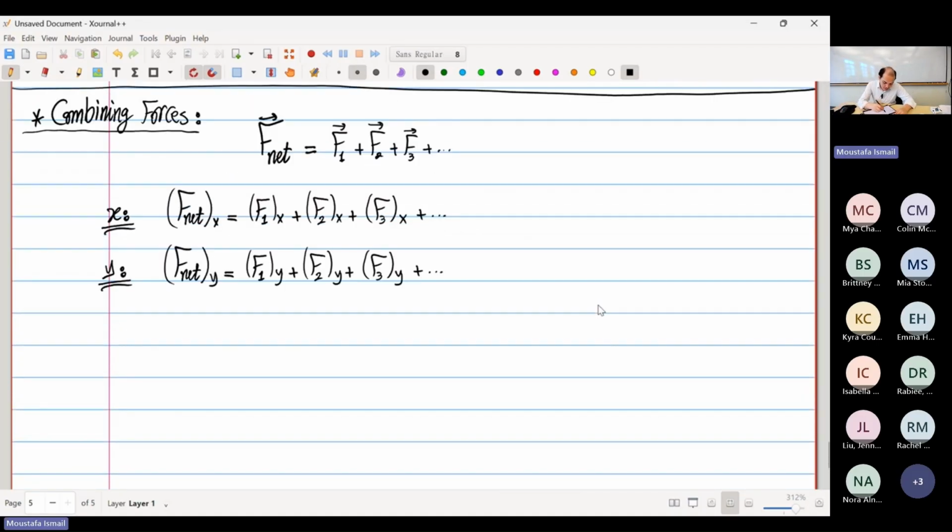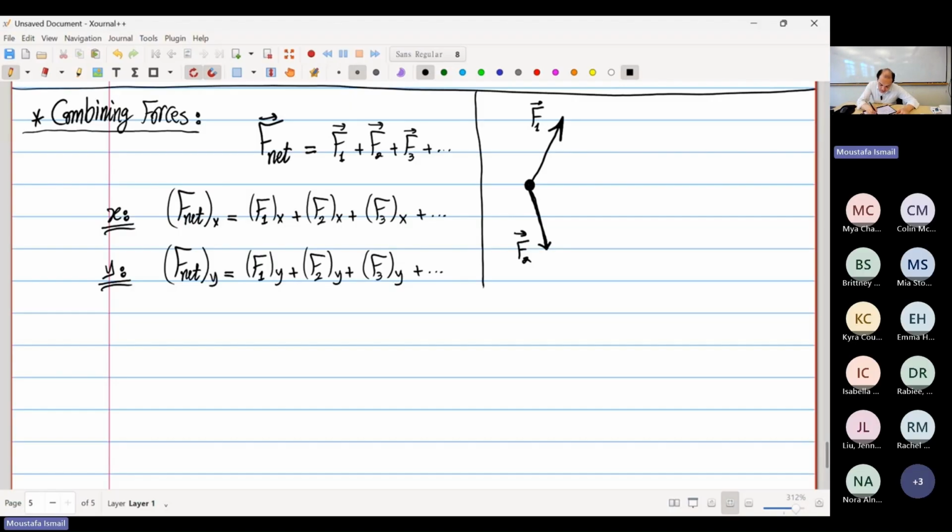This is the algebraic way, but there is also the pictorial way. If you have, for example, 2 forces pulling a box, let's say this is the box and this is F1 and this is F2, then you can also do it pictorially. Here, the parallelogram method is the most useful because all the forces begin at the same point, which is the object itself.